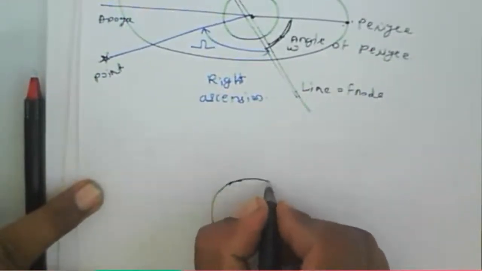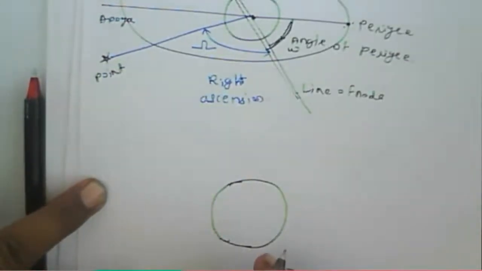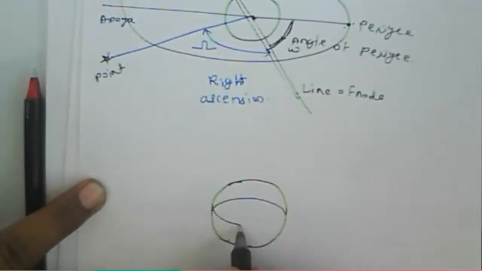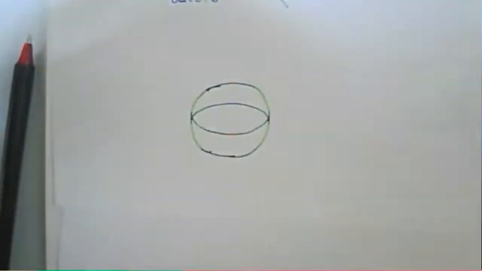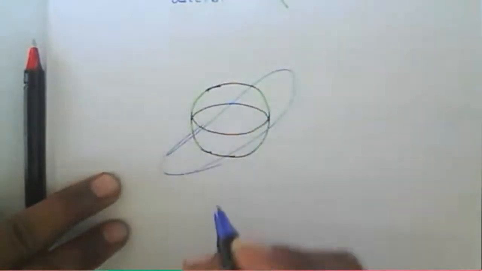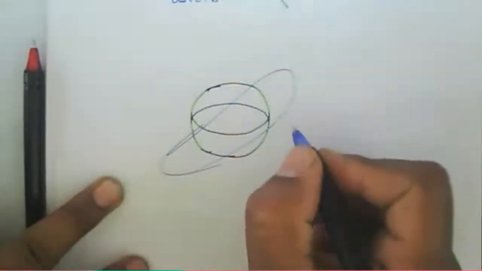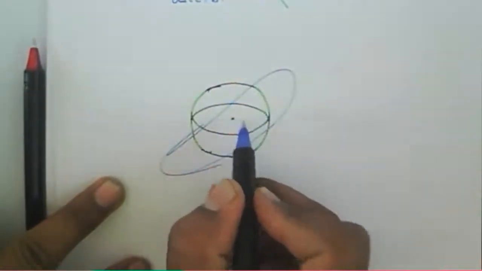Suppose again I redraw the Earth. This is about your Earth, and this one we can say is the equator. Now we have the orbit, that is about your satellite.